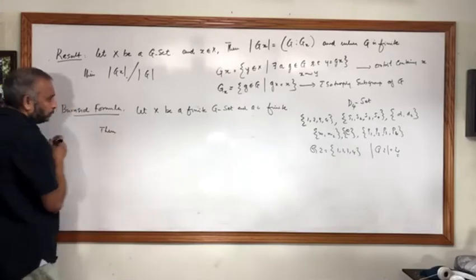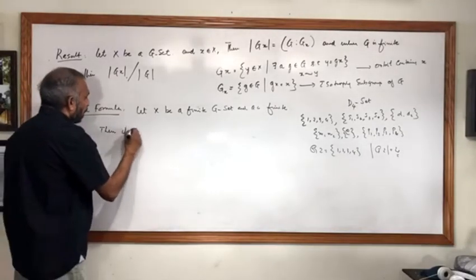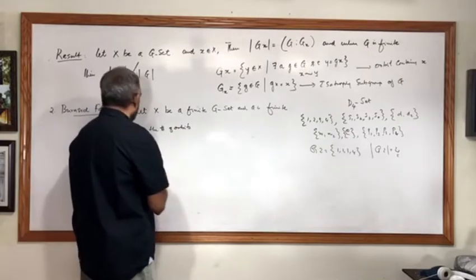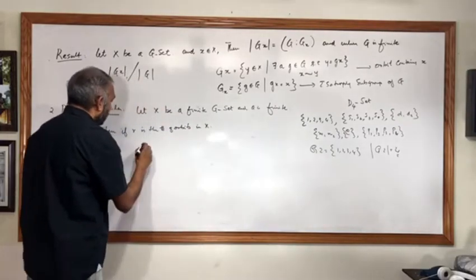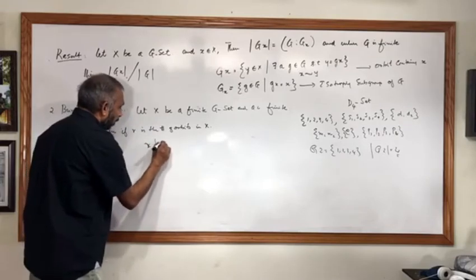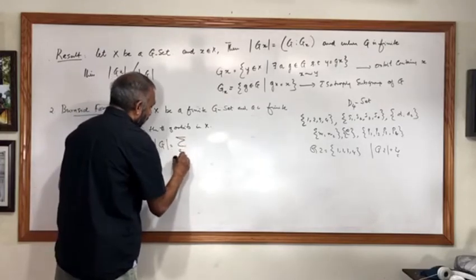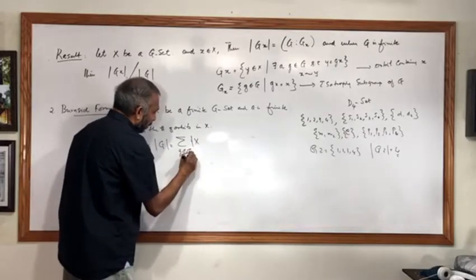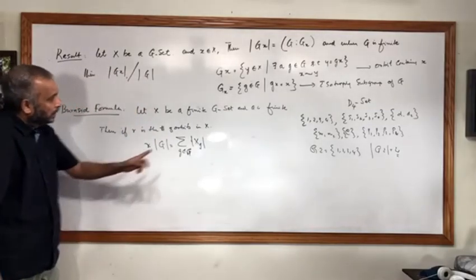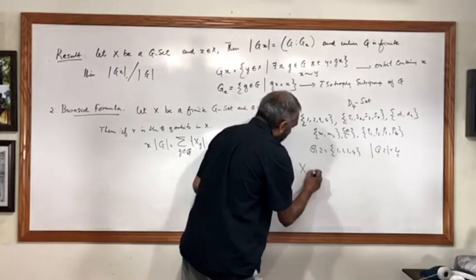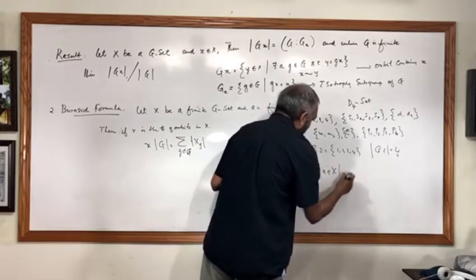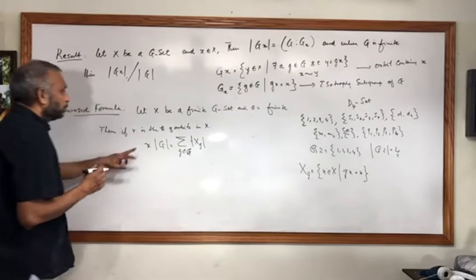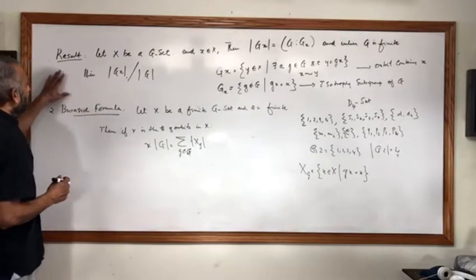Then if r is the number of orbits in X, then r times the order of G is equal to the sum over g belongs to G of the order of X_g. This X_g is defined as the elements x from X such that gx is equal to x. This is the Burnside lemma.